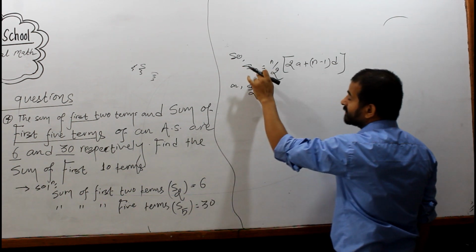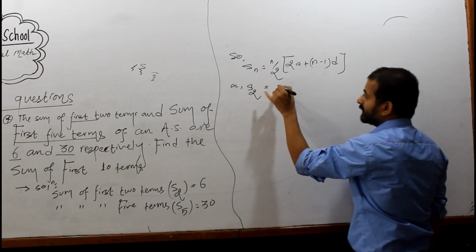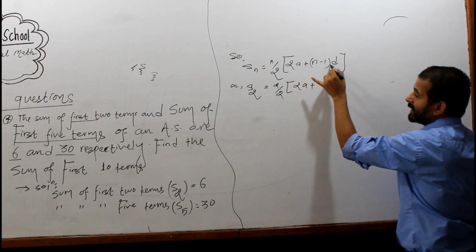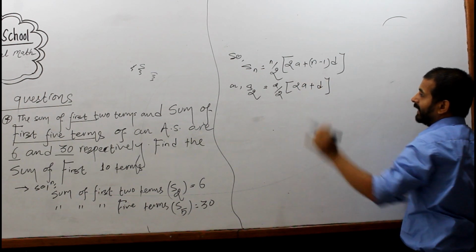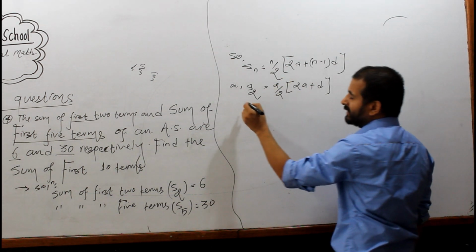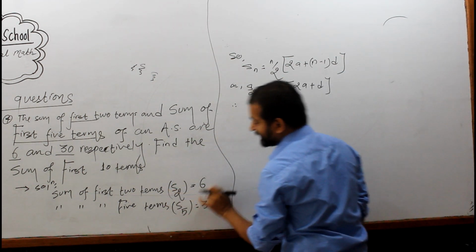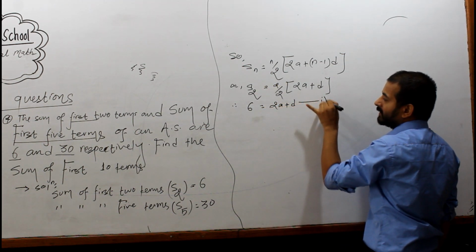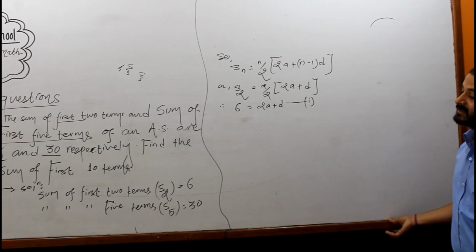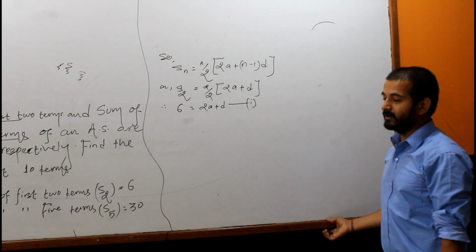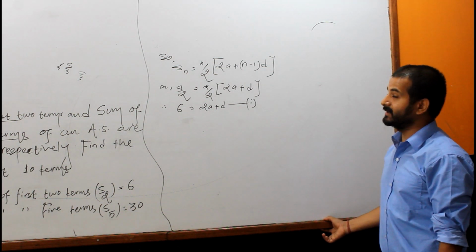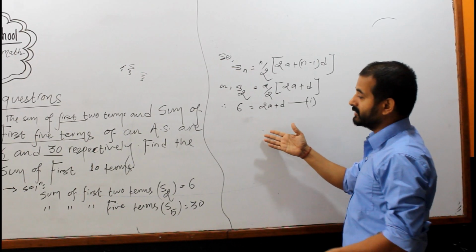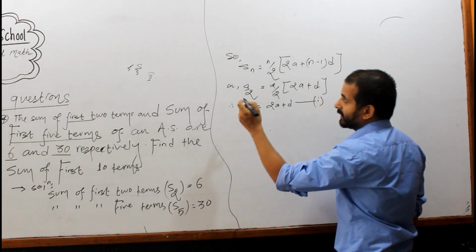S2 means n is 2, so only 2 terms are added: 2 by 2 times (2a plus (2 minus 1)d), and we don't have the first term. 2 and 2 cancel, so S2, which is given as 6, equals 2a plus d. Now it is going to be a simultaneous equation. Remember, in compulsory math you will read about simultaneous equations. Now we have to follow the solution of simultaneous equations on a and d.